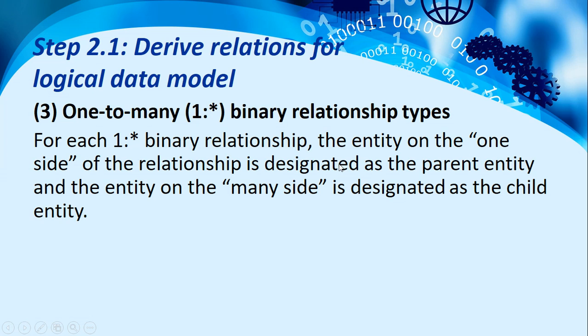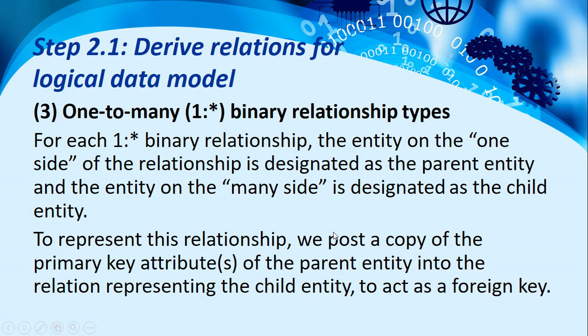So you just need to identify which of the two entities is on the one side for the parent, and which is on the many side for the child. To represent this relationship, we post a copy of the primary key attributes of the parent entity into the relation representing the child entity to act as foreign key.